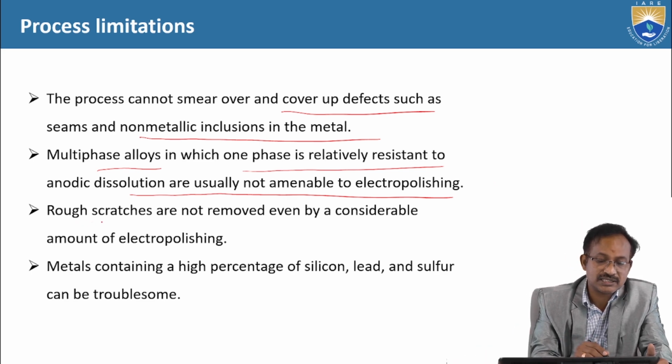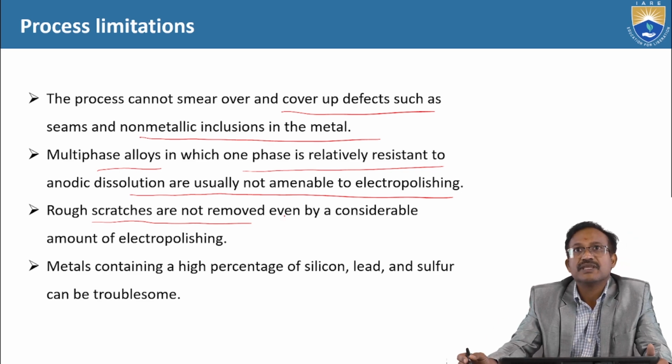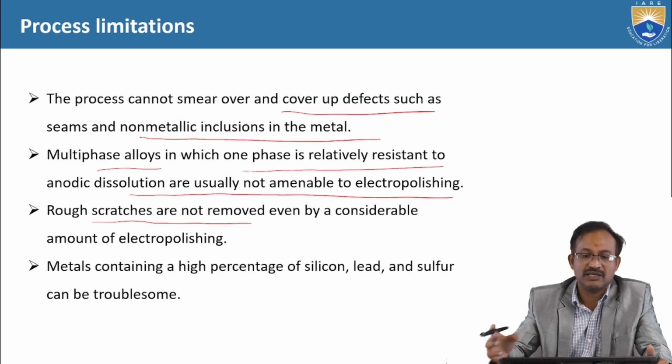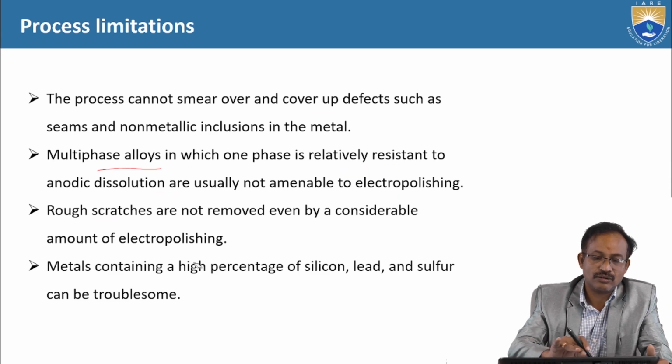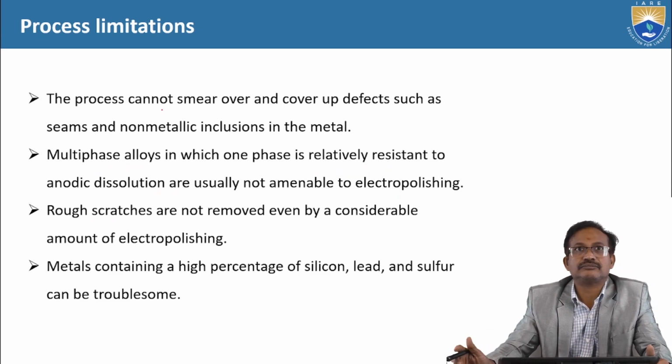Rough scratches are not removed even by a considerable amount of electropolishing. So for rough scratches we have to go with some other method. That is one of the limitations of electropolishing.